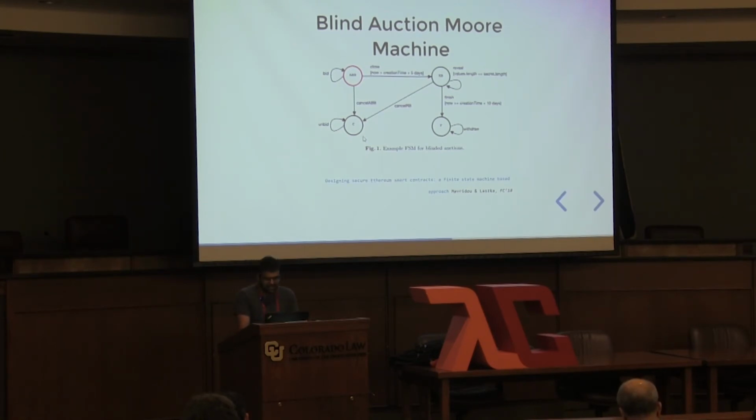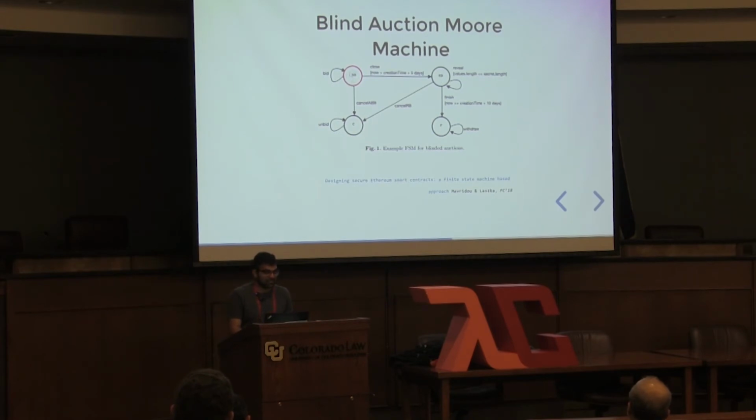I got this finite state machine from an article on designing Ethereum smart contracts, where you're trying to simulate a blind auction. There are various states in a blind auction. You have a state where you're accepting blinding bids, and then you can keep doing that. So this is the loop bid, and then you close the bid, and that's when you start revealing the bids.